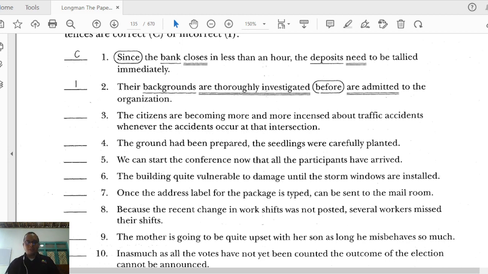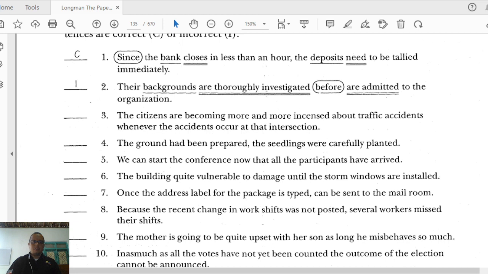Since the bank closes in less than an hour, the deposits need to be tallied immediately. Tallied means to be counted, ya, secara cepat, immediately.